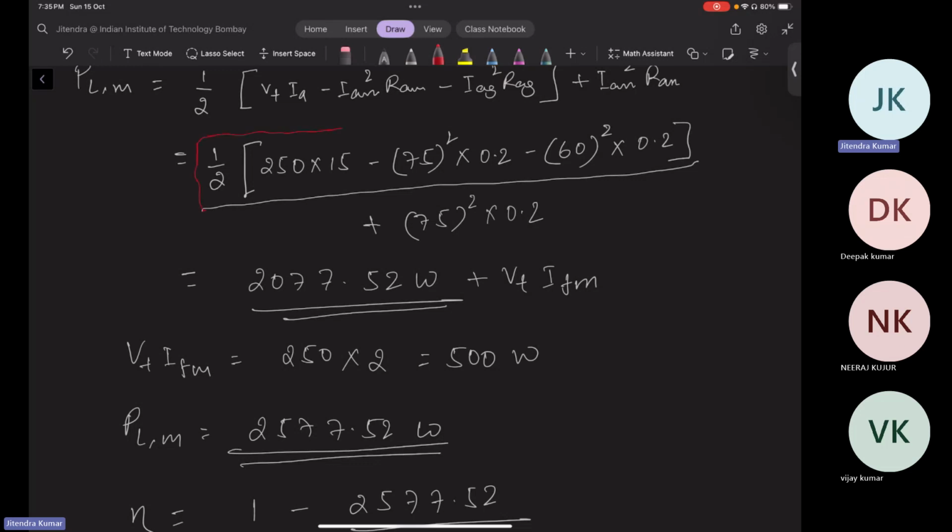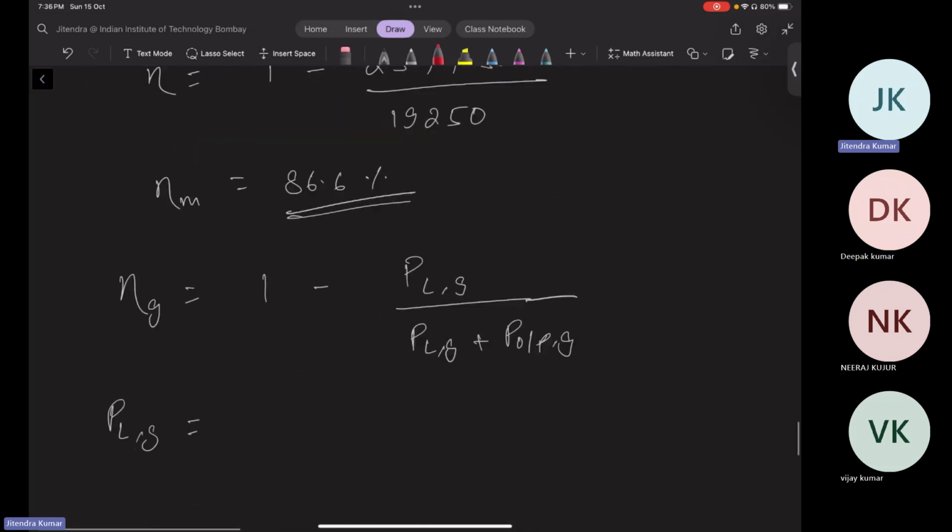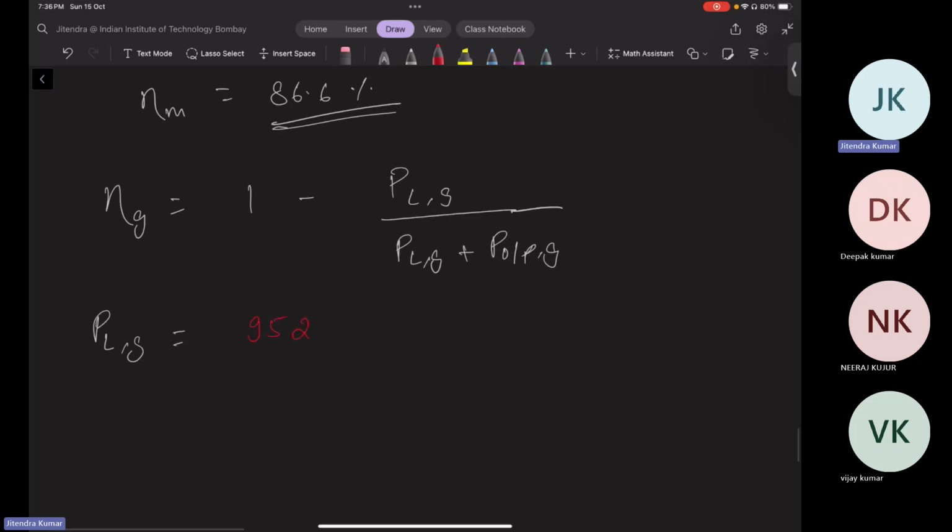This particular component, can you compute? So 952.5 plus Ia_g square R_ag. Right?